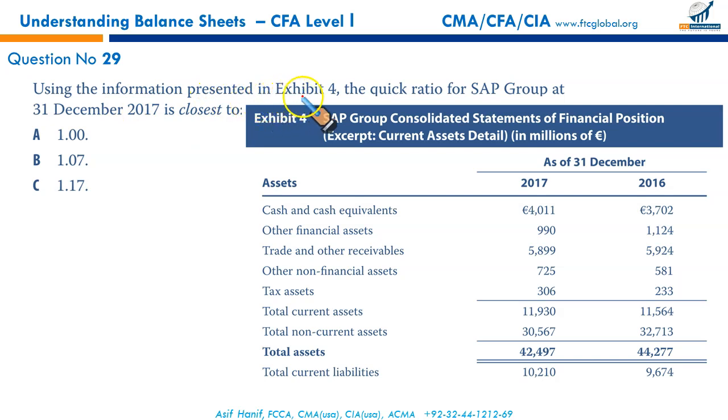Using the information presented in Exhibit 4, given on the right of the screen, the quick ratio for SAP Group. Quick ratio takes in cash and cash equivalents, yes. Other financial assets, yes. This one also.